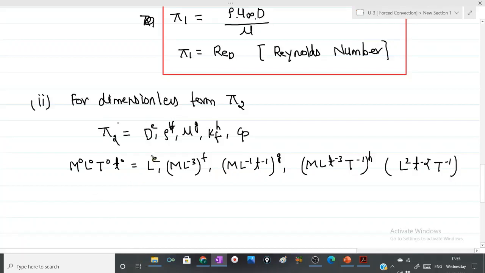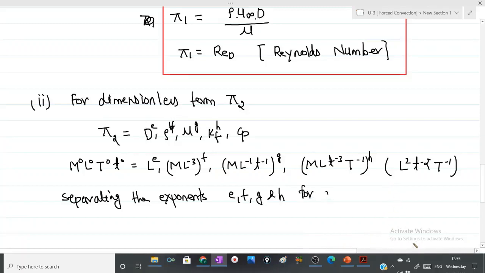Now once again separating the exponents, that is e, f, g, and h, for their dimensional homogeneity.